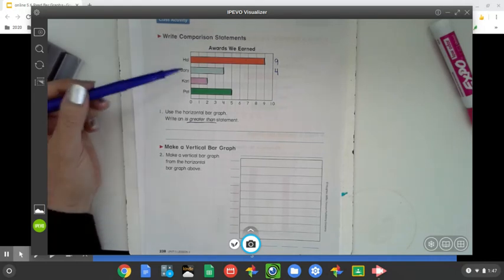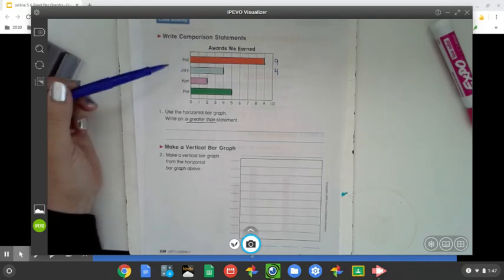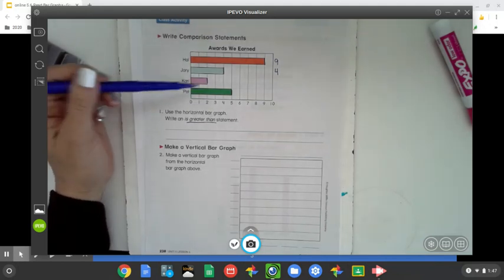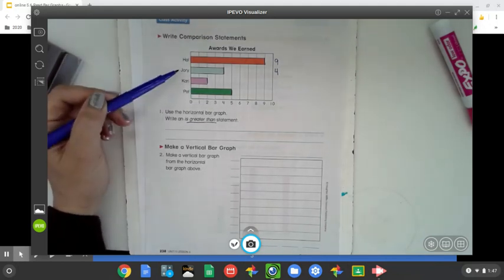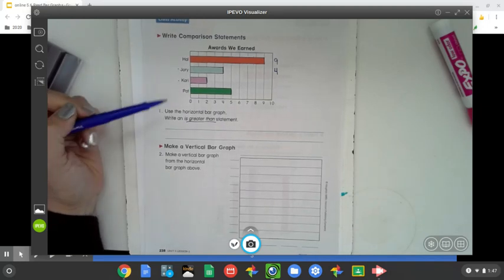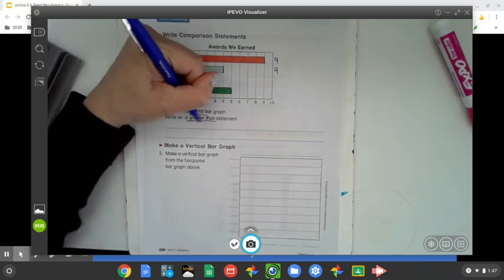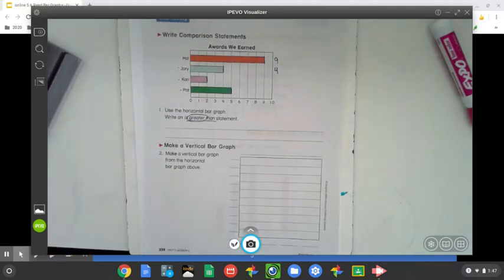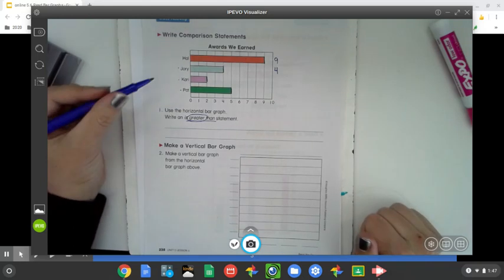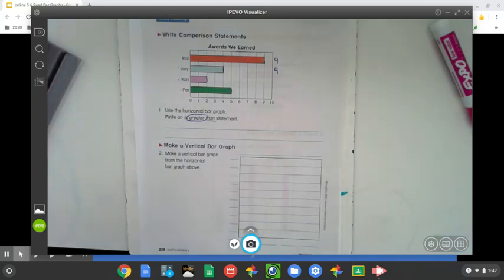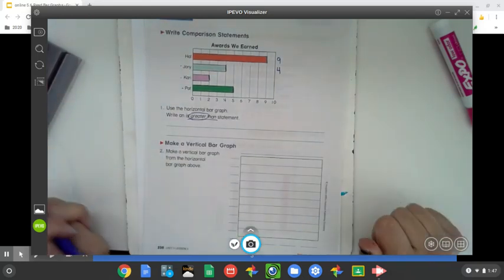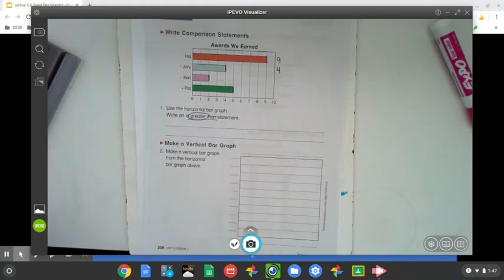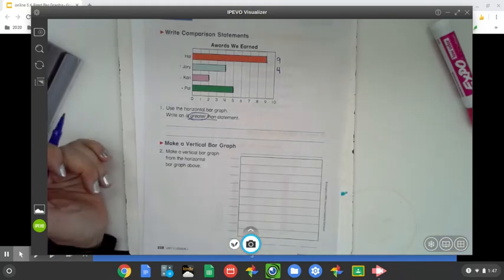So you could say Jory has 4 and Carrie has 6, then you could say the number of awards that Jory and Carrie earned is greater than the number of awards that Pat earned. If you want to challenge yourself, you can think of different ways to create equations to write this greater than statement.